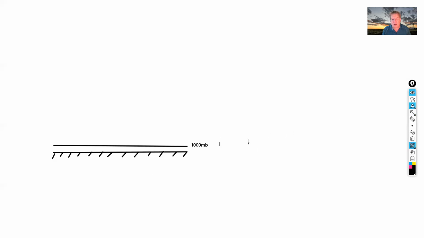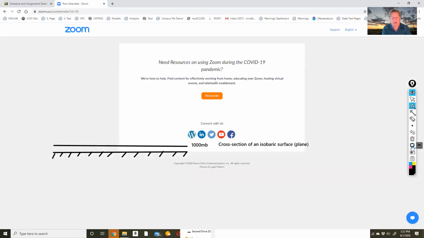So I'm going to write that in here so you have it exactly. Section of an isobaric surface. And in this case, you can kind of think of that as a plane. Okay, and so what I want you to do is think about this. I want you to see this little picture. This is a plane.